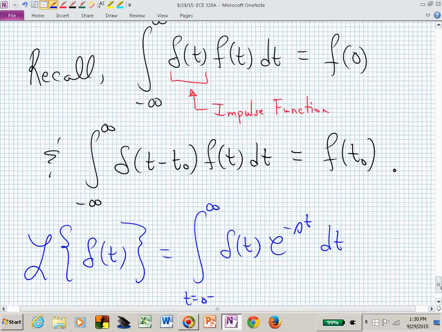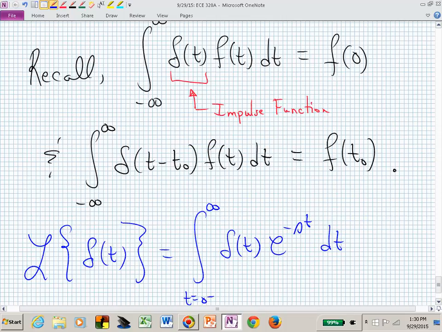If we now go back to that earlier fact, what's the answer to that integral? So what is our f of t in this guy? e to the minus st.